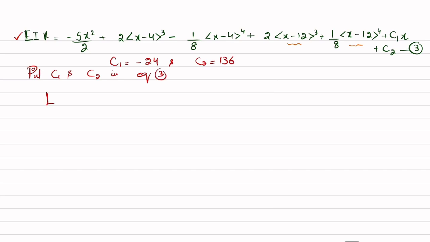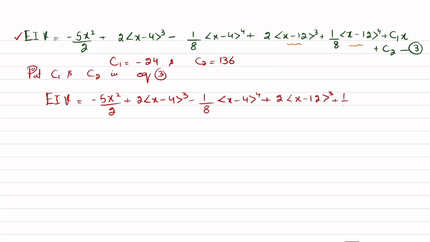So you will get EI into V is equal to minus 5x square over 2 plus 2 into x minus 4 power 3 minus 1 over 8 into x minus 4 power 4 plus 2 into x minus 12 whole power 3 plus 1 over 8 into x minus 12 power 4 plus C1, which is minus 24, into x plus C2, which is 136. And if you divide by EI on both sides, you will get the deflection.